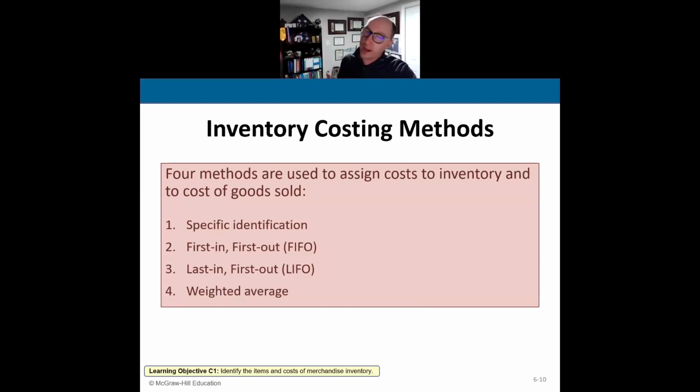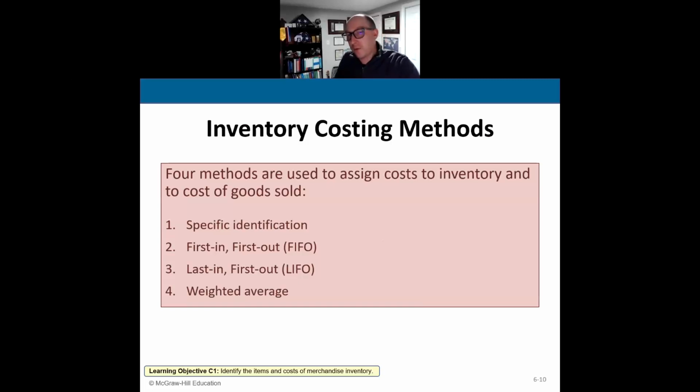So the last one I got in, I'm going to get rid of it first. An example of a company that might use last in, first out would be a company like Best Buy that sells electronics, or maybe Walmart that mostly sells durable goods, or Macy's. It's just a process. Last in, first out.